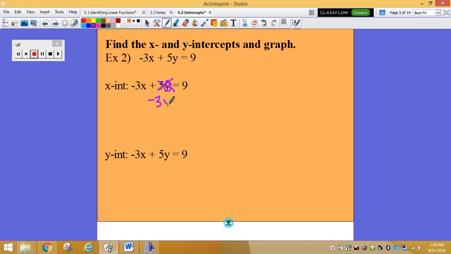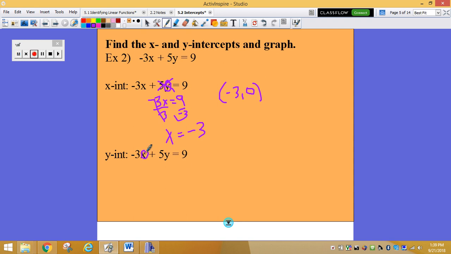So I have -3x equals 9. To solve this, I want to divide by -3. And 9 divided by -3 is -3. Remember, write it as an ordered pair. So my x-intercept is at -3, 0.